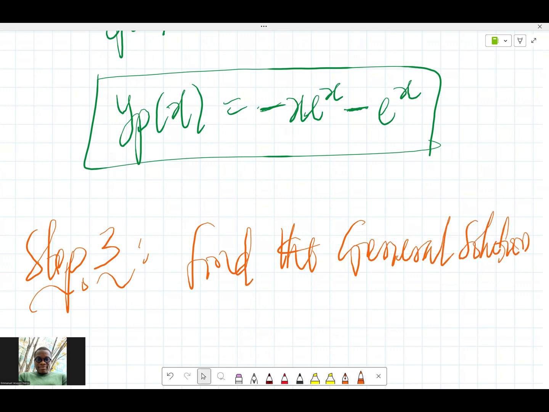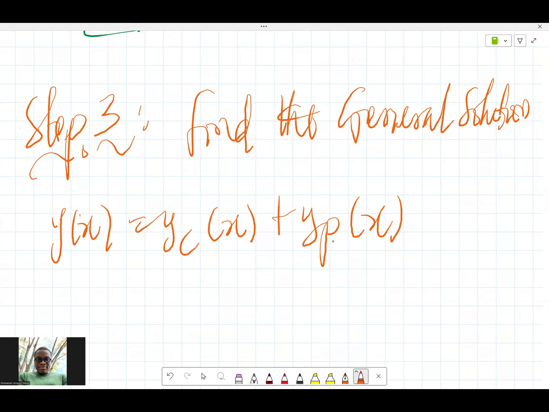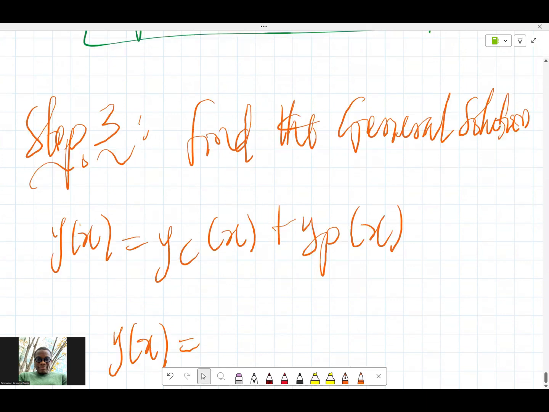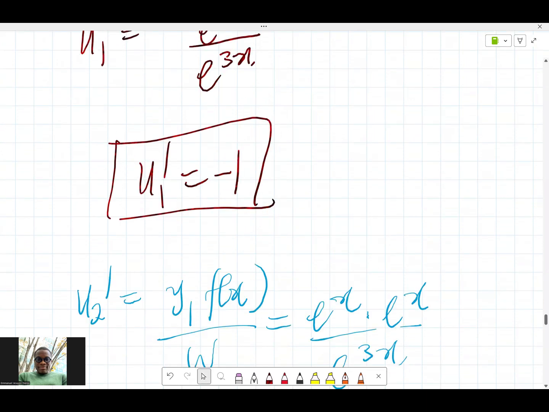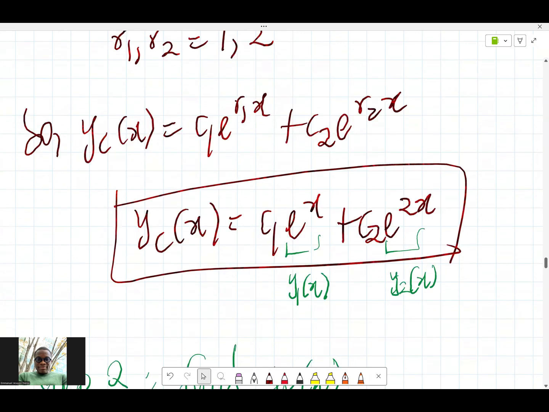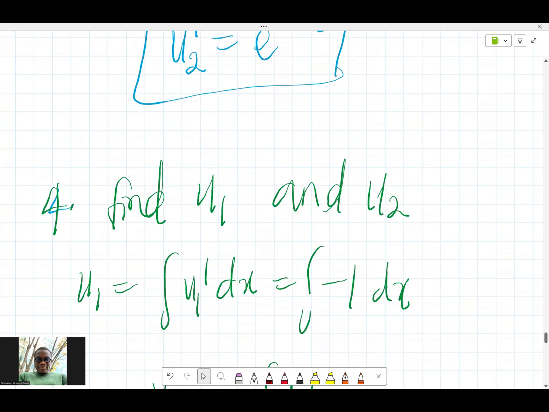So of course we know that is always y of x, which is equal to yc of x plus yp of x. So this is yc of x plus yp of x. So y of x now would be, so yc of x that we got initially, it's been a long time ago, so to speak. Yeah, it's c1 e raised power x plus c2 e raised power 2x. Okay. So this is c1.